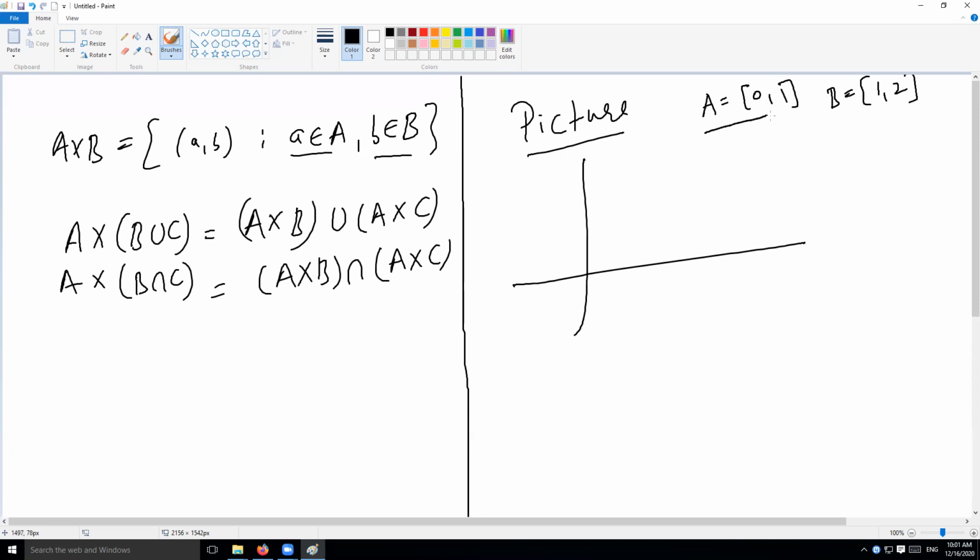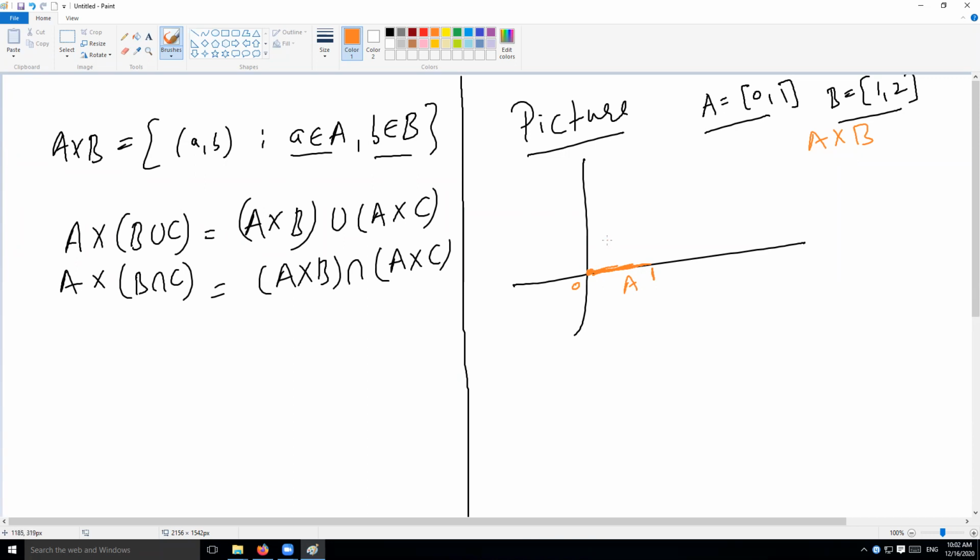So these two are intervals. I want to make a picture of A cross B. So draw A here. This is the interval that starts from the origin and goes up to 1. So this is my A.